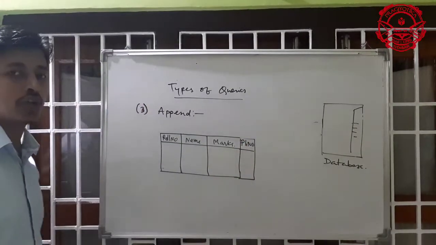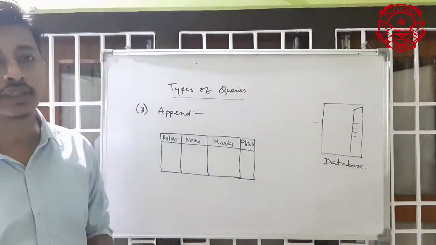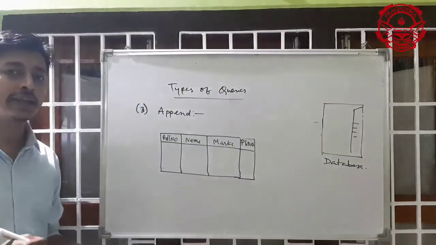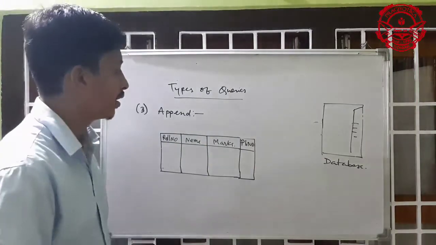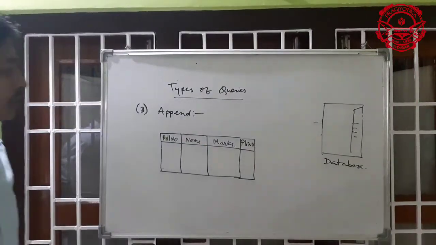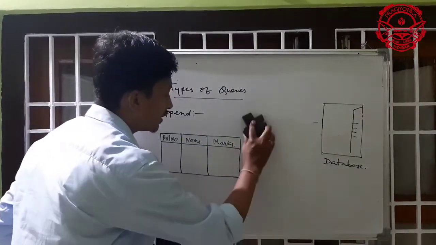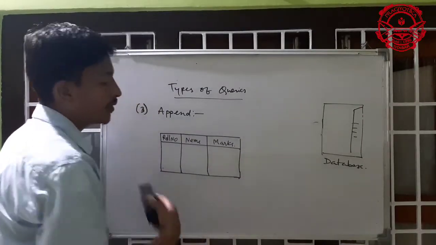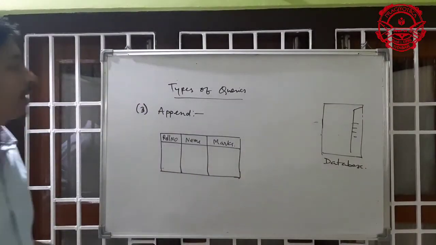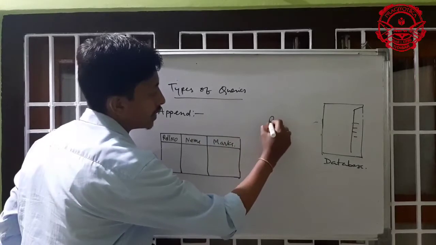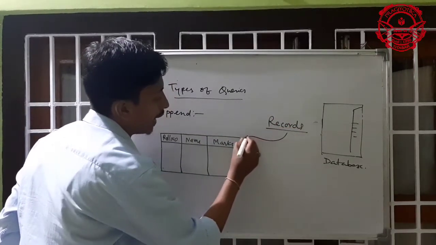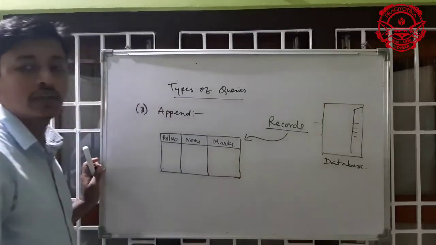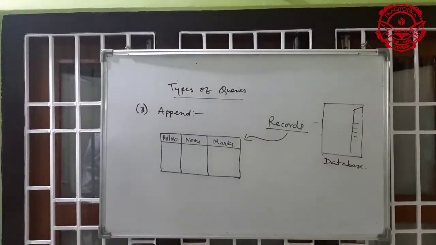Append the query means it adds new records to the existing table. The phone number is not an existing table record, but after getting the records, they will be added to this table.